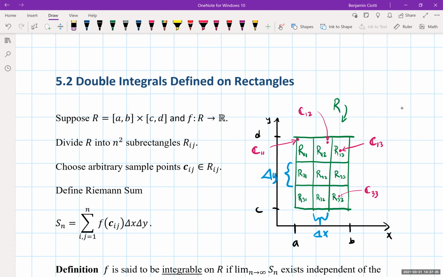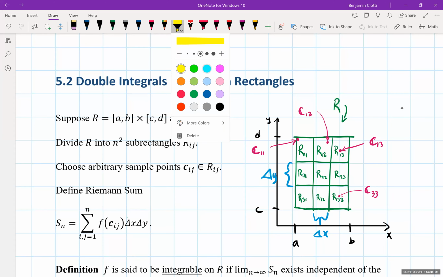I can now form a Riemann sum by defining what I will call S sub n, and it will equal the sum over all indices i and j of f evaluated at the sample point times delta x delta y.